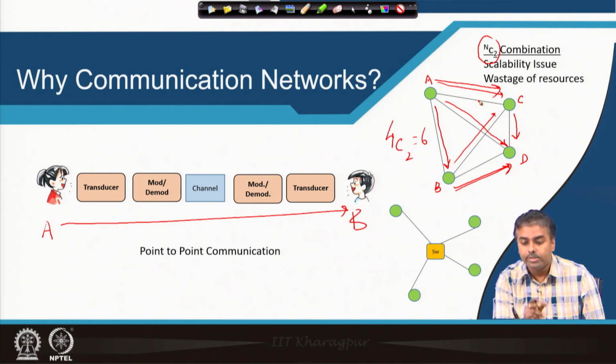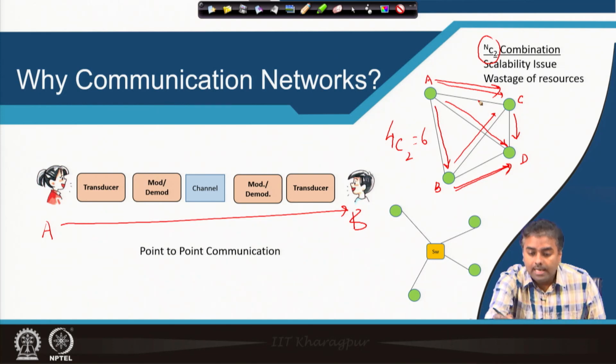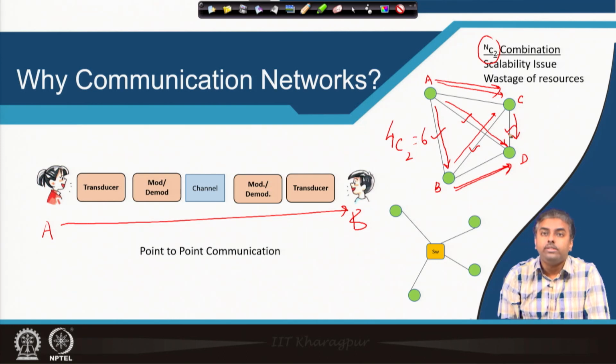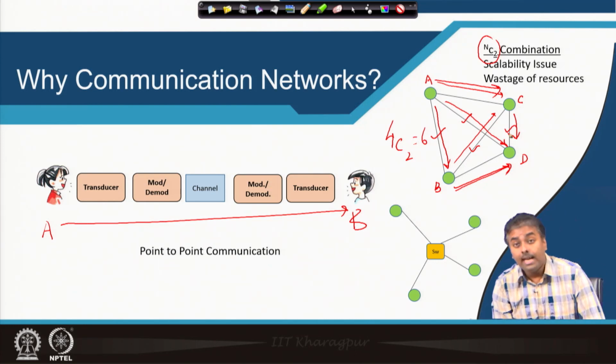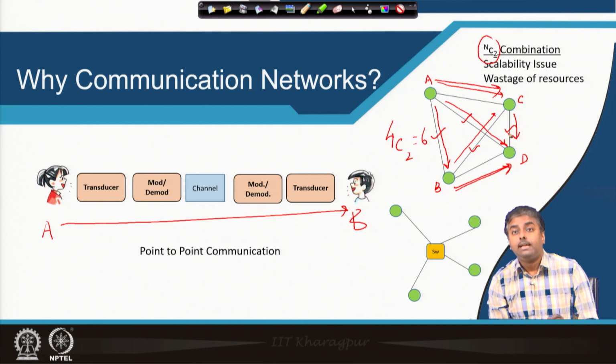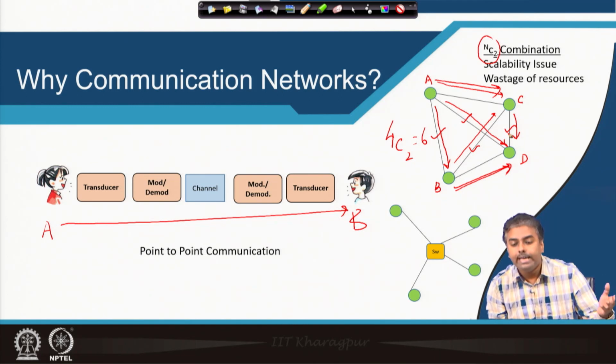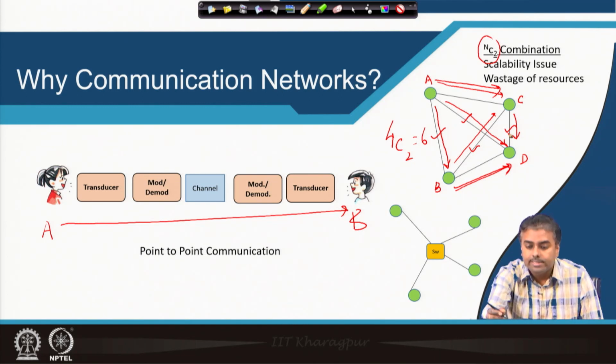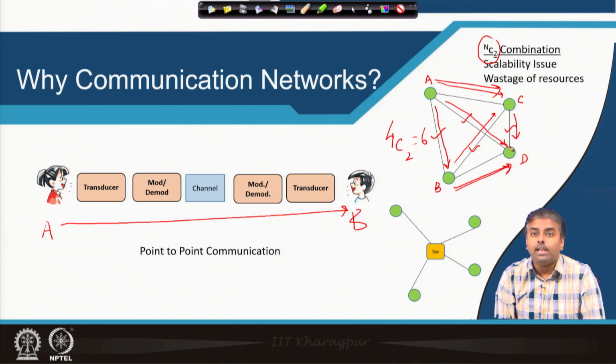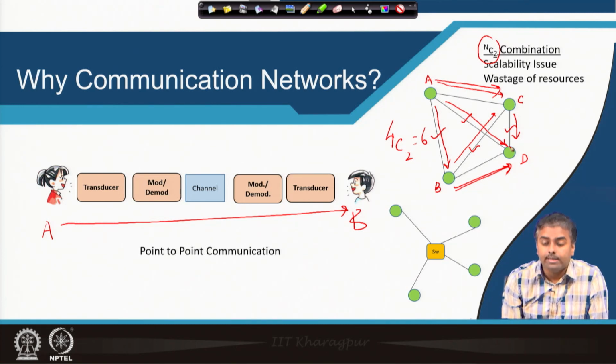Only 2 links, the A to C link and the B to D link. All the other 4 links are not utilized. And this is the best case scenario, where all 4 are involved. If all 4 are not involved, suppose only A is talking to D, that is the only link that will be activated and all other 5 links will not be activated.